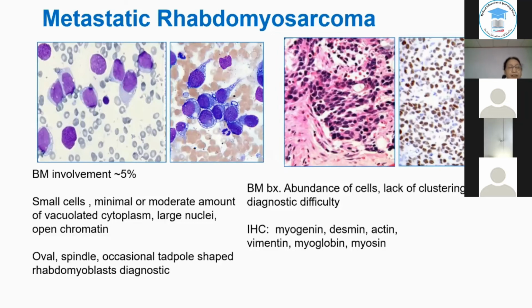These are rhabdomyoblasts and these are diagnostic. In the bone marrow biopsy, you may get abundant cells with lack of clustering, and this leads to difficulty in diagnosis. On IHC, you may use myogenin, desmin, actin, vimentin, myoglobin, or myosin.